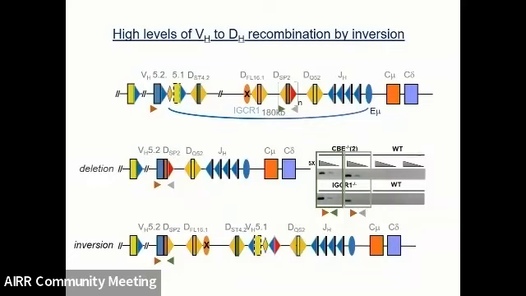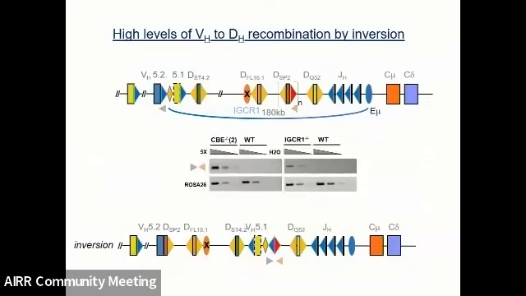I will spare you the actual experiment that shows that, but it's again using the right combinations of primer pairs to be able to detect this kind of inversion. And you can detect inversion by looking at the VD junction itself, or by looking at this so-called signal sequence junction that forms, which is shown on the slide here.